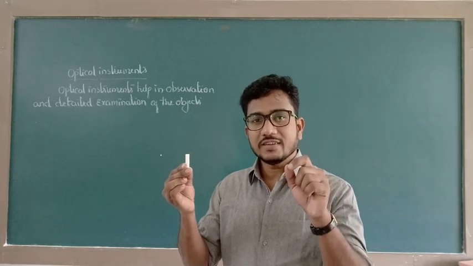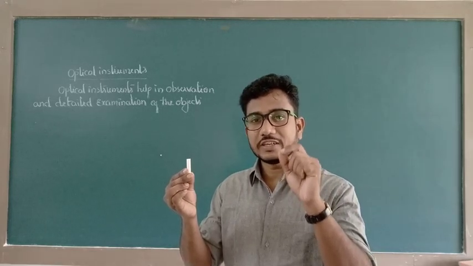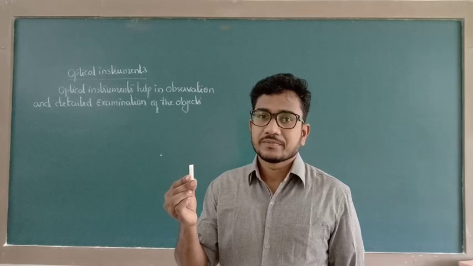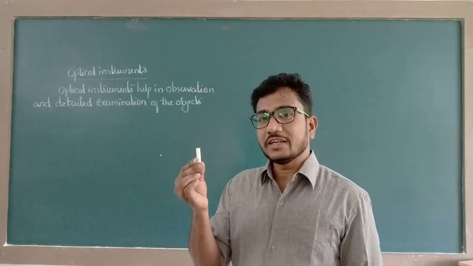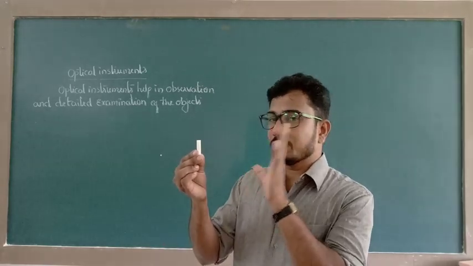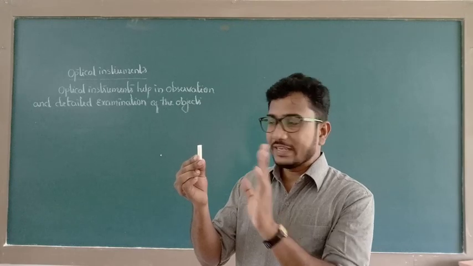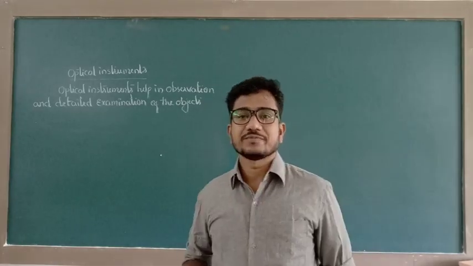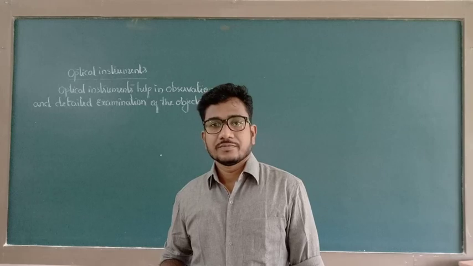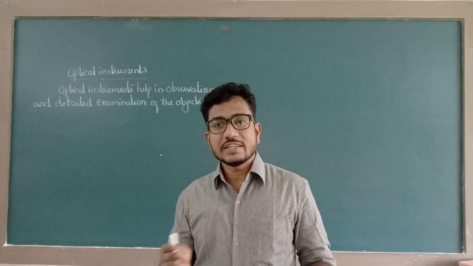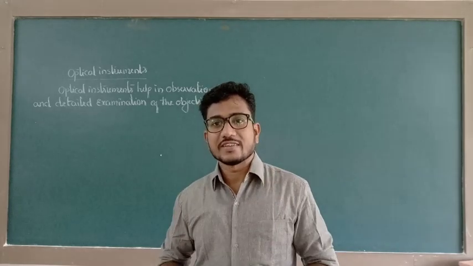For the human eye, that distance is equal to 25 centimeter. Up to 25 centimeter, we can easily observe an object clearly without any strain. Beyond that distance, we will get a stress on our eyes.